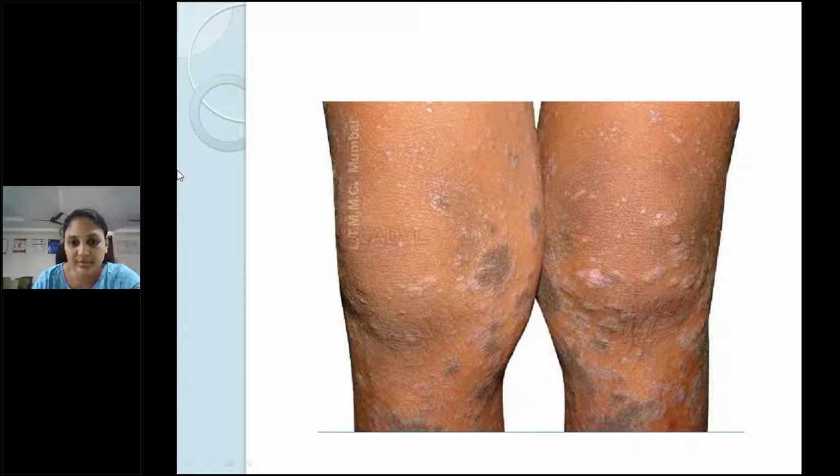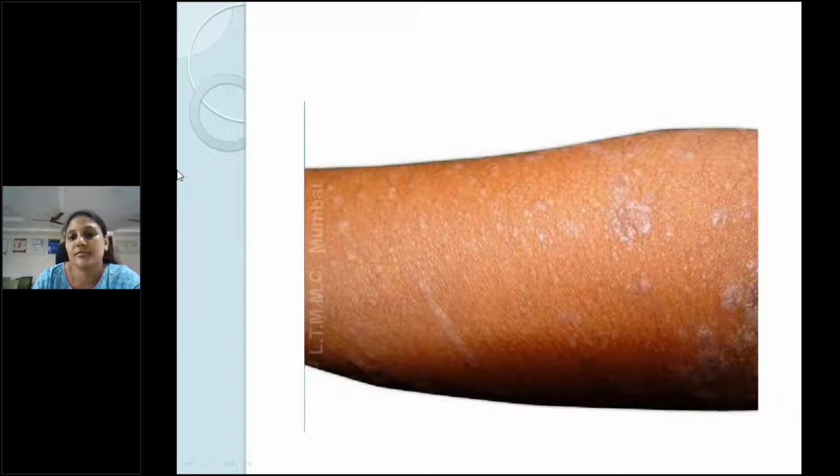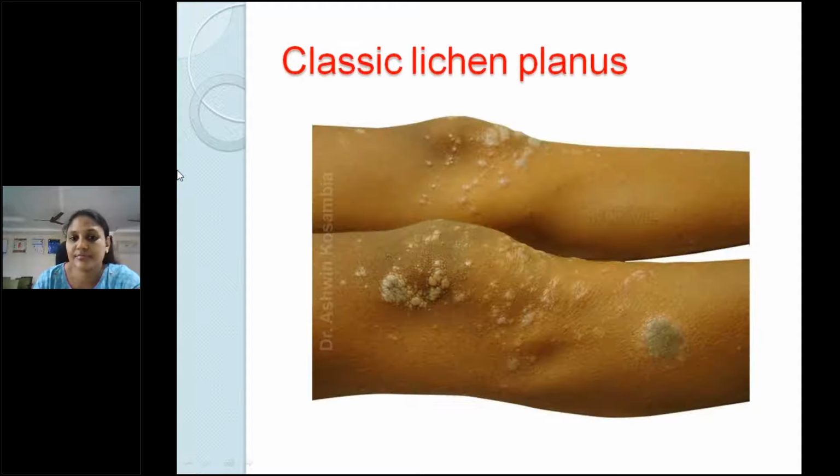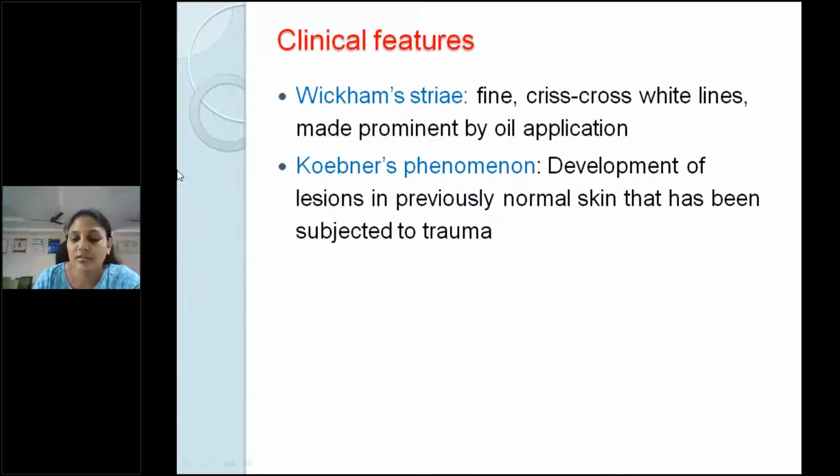I hope you can appreciate. And this is another picture. So it can affect any part of the body. Another close picture of lichen planus. So this is classic lichen planus.